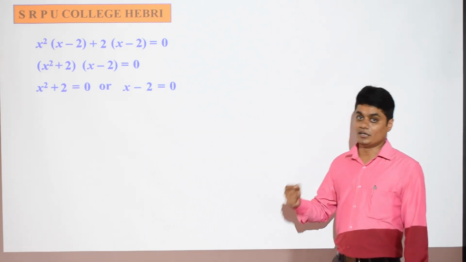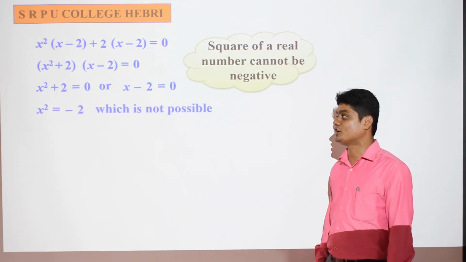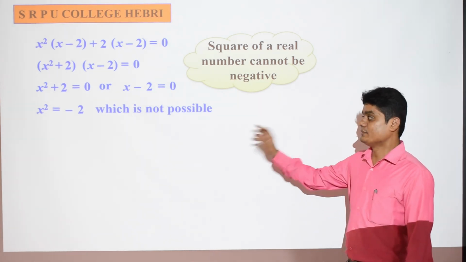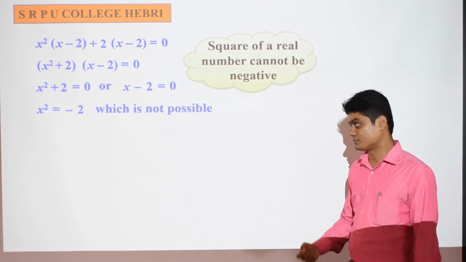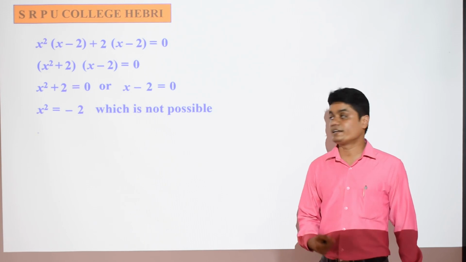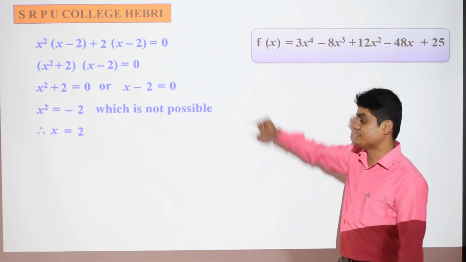But here there is one problem with 2 of the roots. x^2 = -2 is not possible because the square of a real number cannot be negative. So you lost 2 critical values, which is better because your work is reduced. Therefore, only one critical point is possible, that is x = 2.